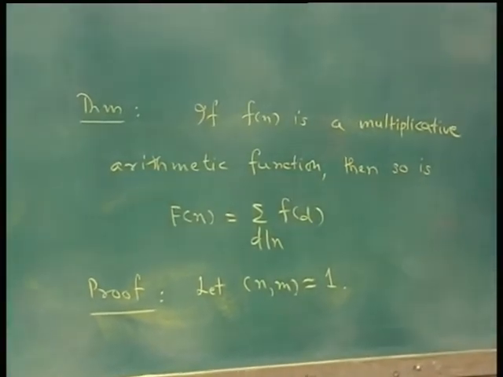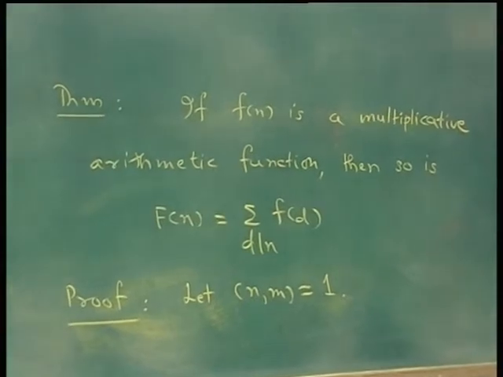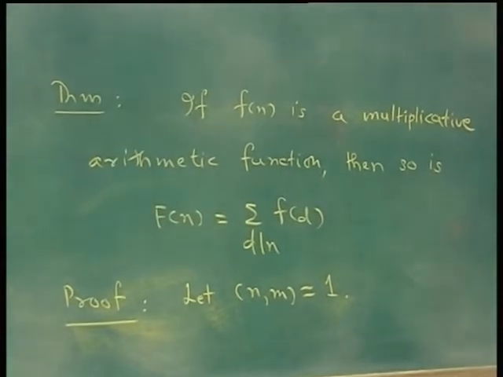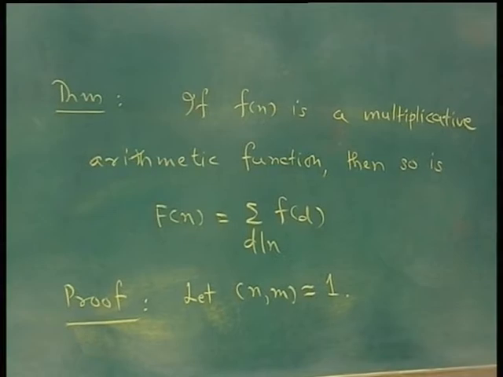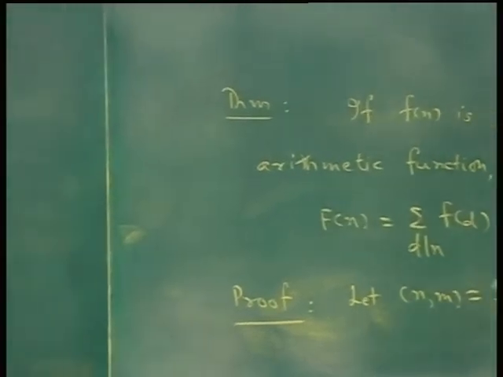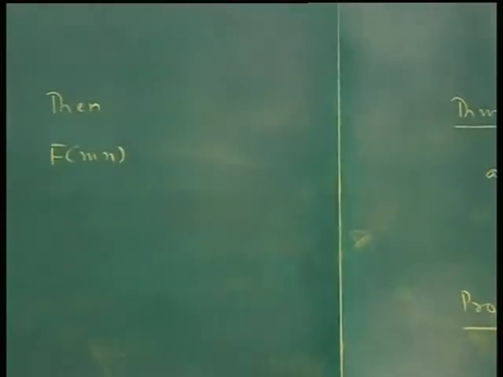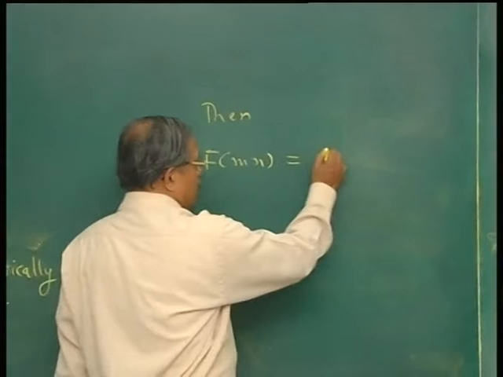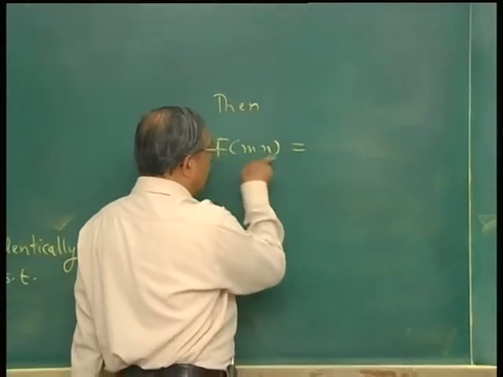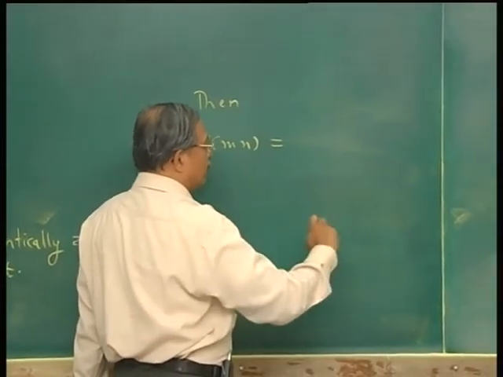Then capital F of mn, we have to show it is equal to F(m) times F(n), where m and n are coprime.